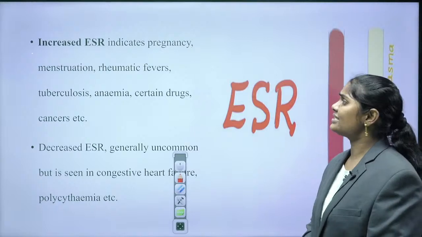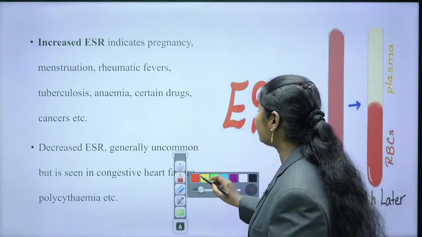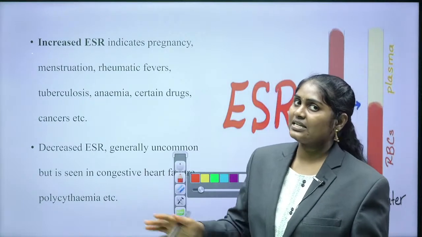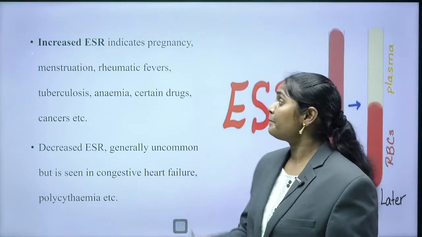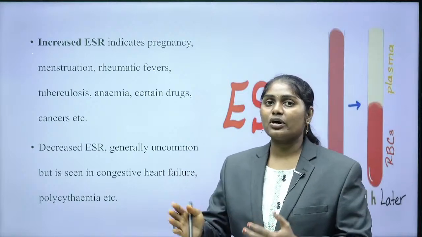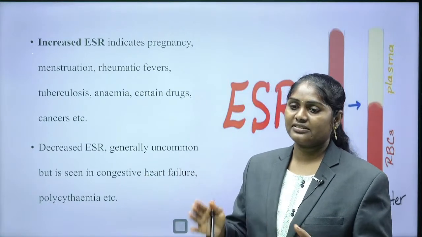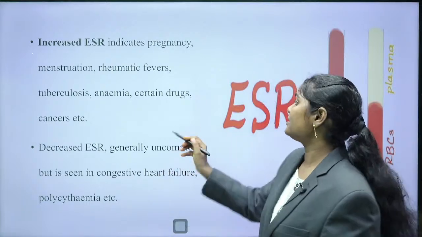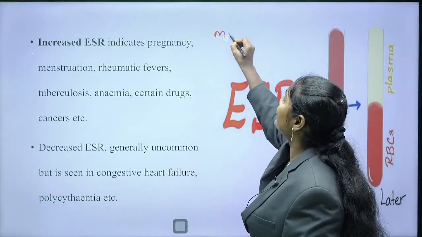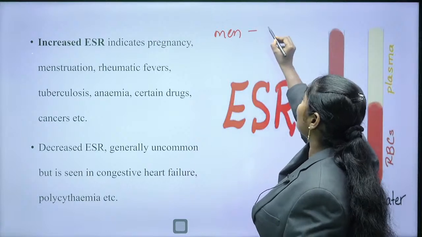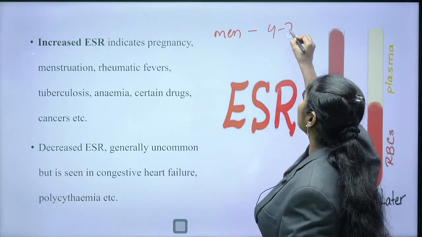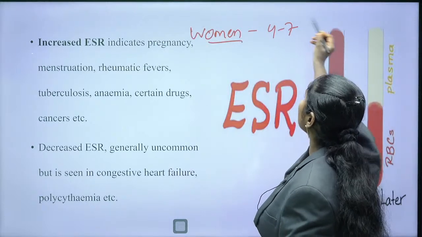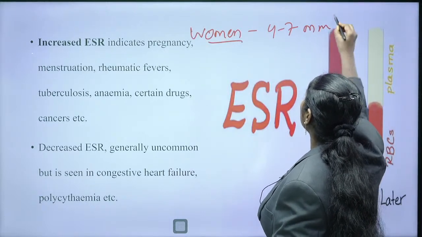So increased ESR, those are the normal standard values we have just seen in Westergren's test and Winthrop's method. And if the number is increased or decreased, suppose it takes 1 hour, or it takes 2 hours. Normally in women it is 4 to 7 mm/hour.